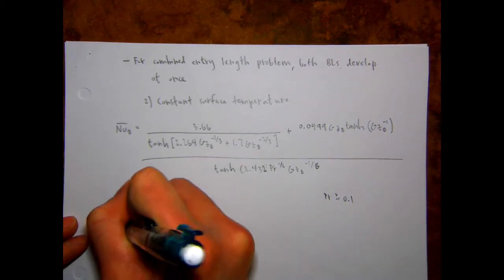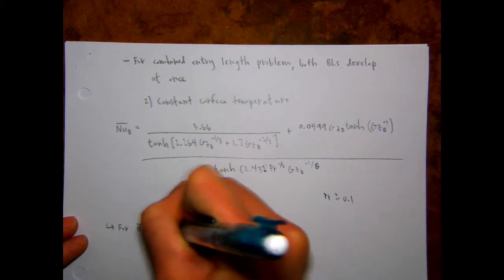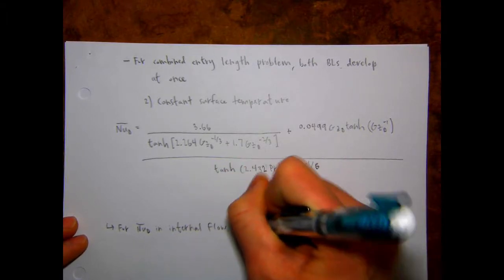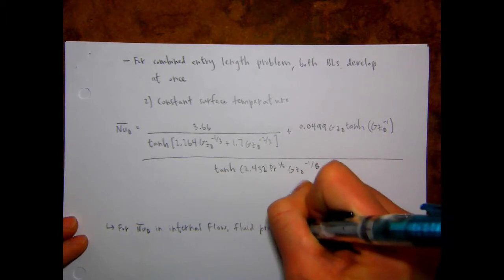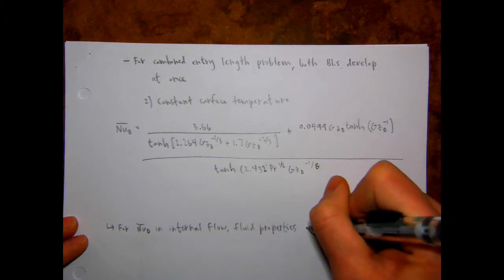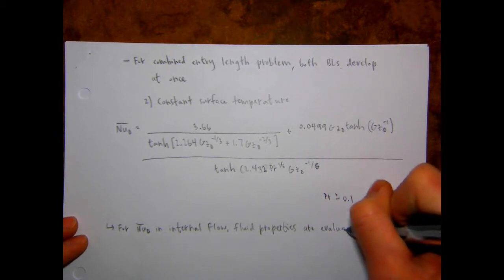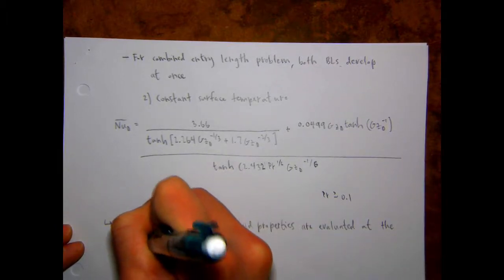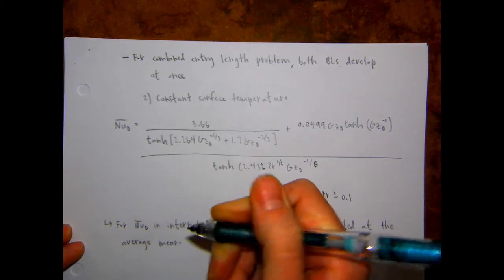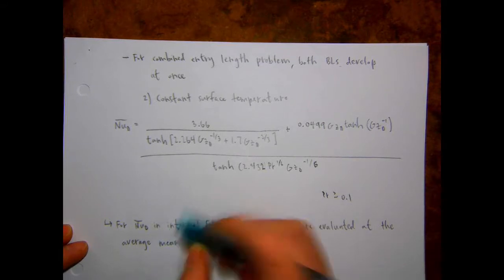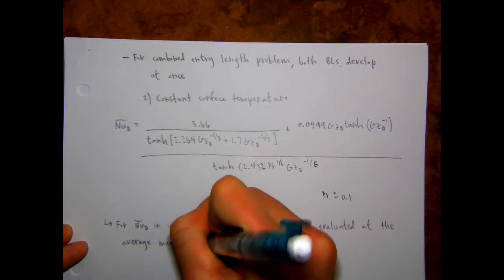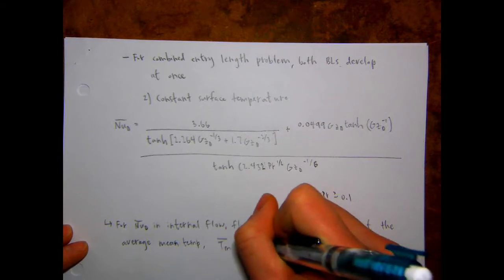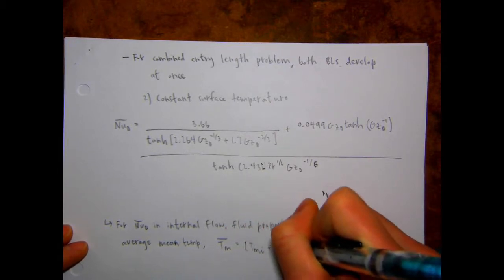And then we said for the average Nusselt number in internal flow, fluid properties are evaluated at the average mean temperature, and that is mean temperature over bar.